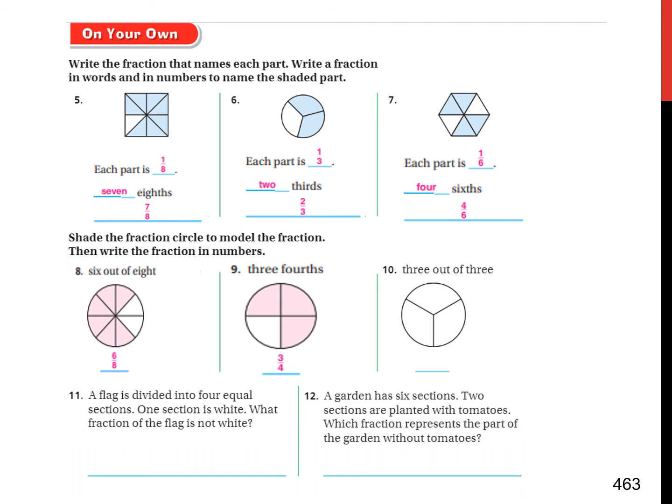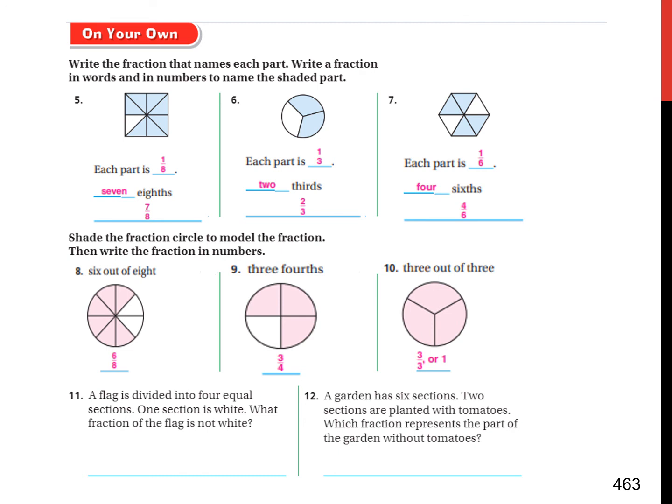I shade 3 out of 4. The fraction is 3 out of 4. 3, I write it up, and 4, I write it down. Then 3 out of 3. Excellent. I shade all the parts. 3 out of 3 or 1.